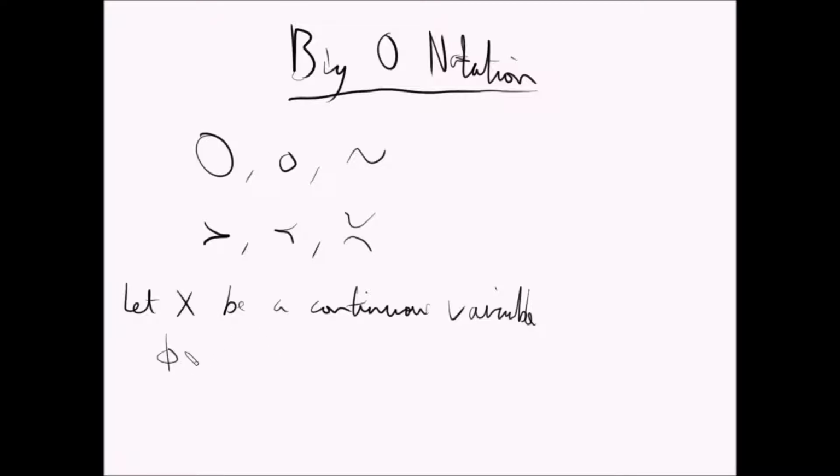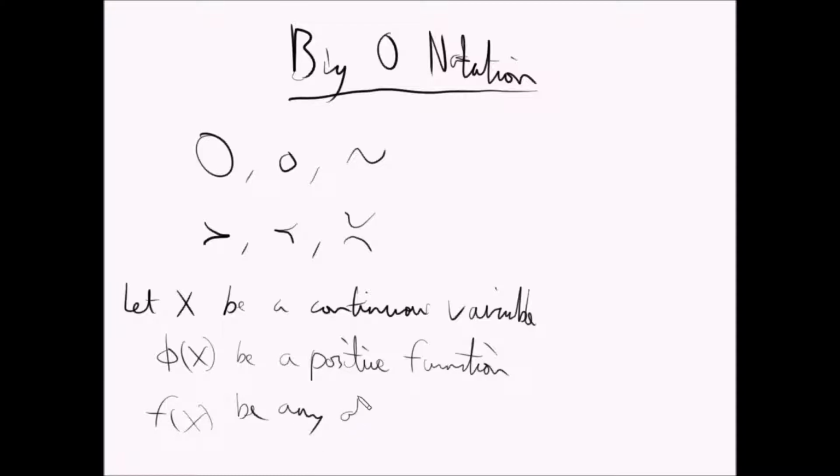We're going to define phi of x to be some arbitrary positive function, so it's a non-negative valued function of x, and we're going to say that f of x is just any other arbitrary function of x, positive or negative. So with this, we can get started.